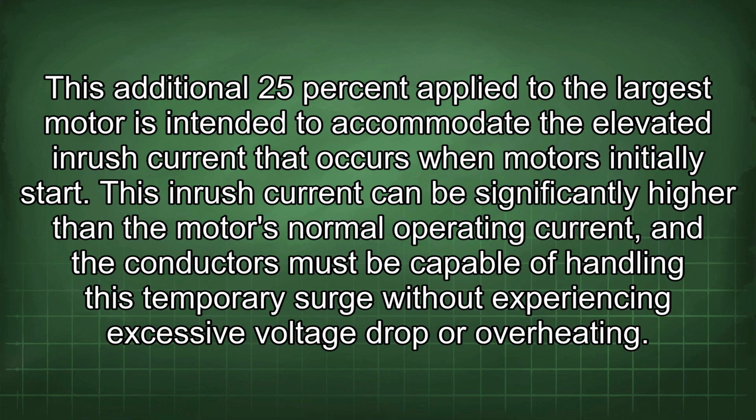This additional 25% applied to the largest motor is intended to accommodate the elevated inrush current that occurs when motors initially start. This inrush current can be significantly higher than the motor's normal operating current, and the conductors must be capable of handling this temporary surge without experiencing excessive voltage drop or overheating.